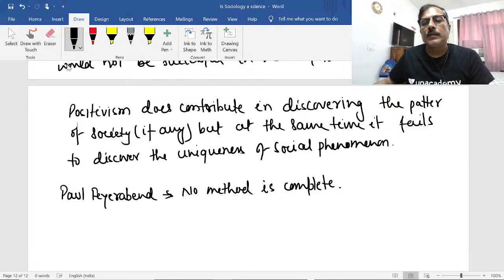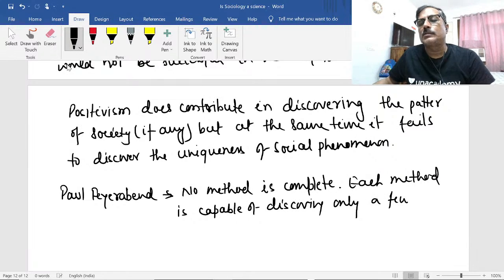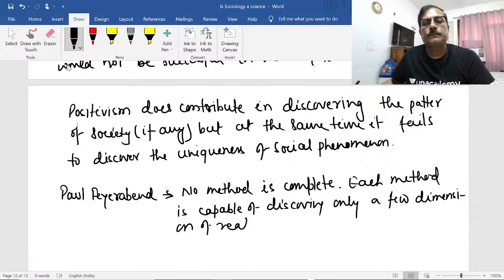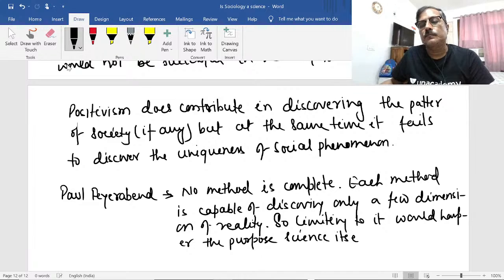Each method is capable of discovering only a few dimensions of reality. So, limiting to it would hamper the purpose of science itself, right?